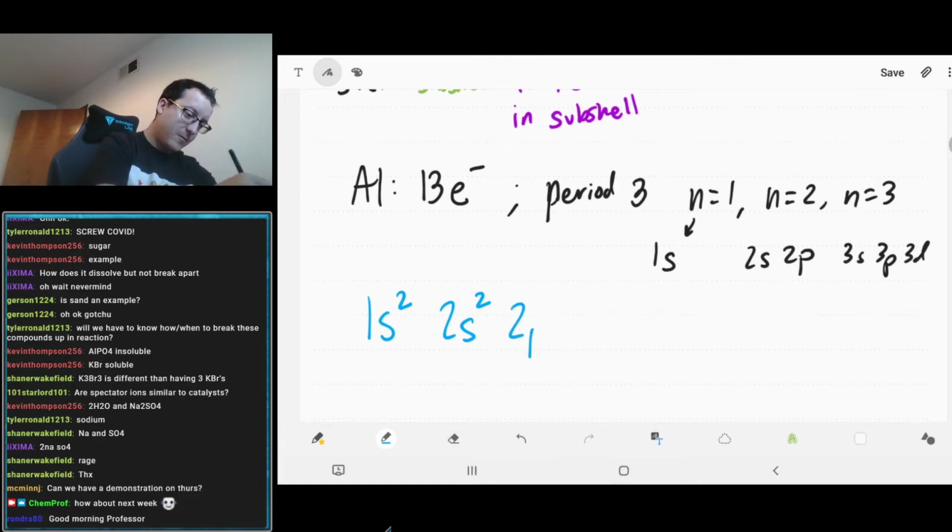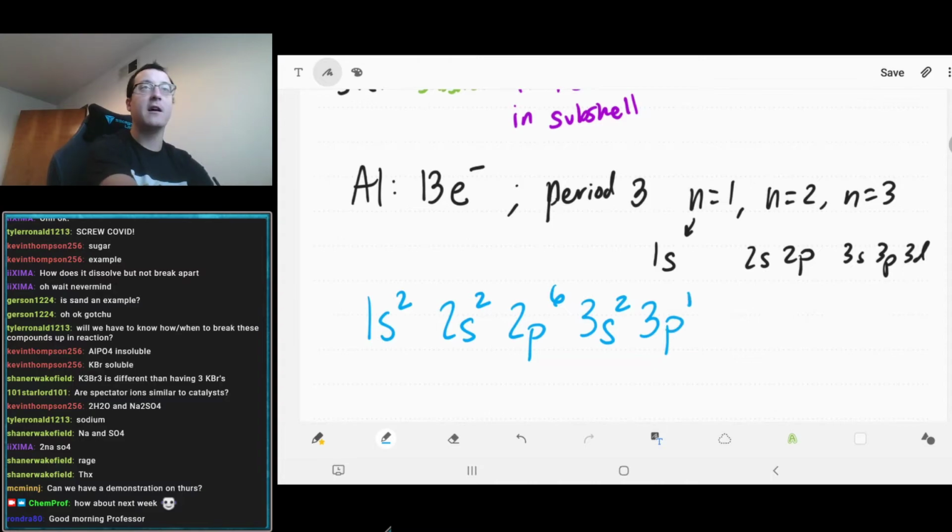If we keep going, next is 2p. 2p, remember, p subshells can hold 6 electrons. So that's now 10 electrons we've taken care of. And if we keep going, we're going to see that this is where we're going to end up. If we add up all those numbers on the top, 2 plus 2 plus 6 plus 2 plus 1, that should be 13.